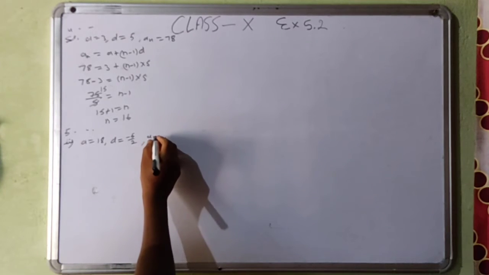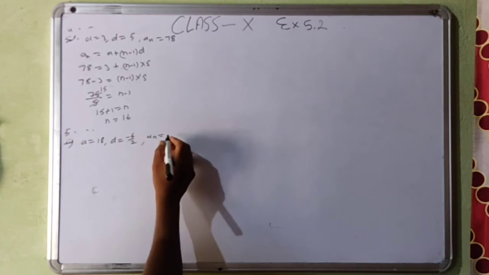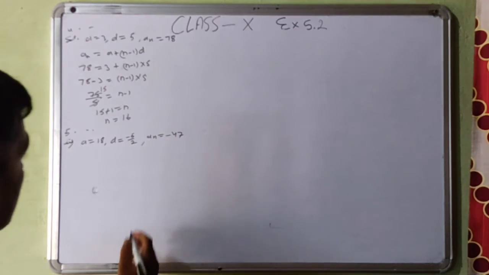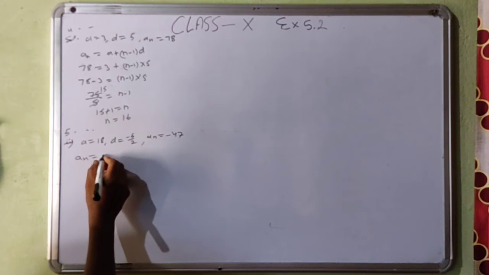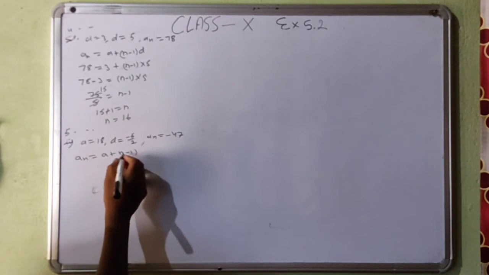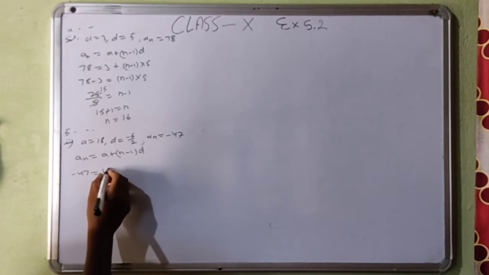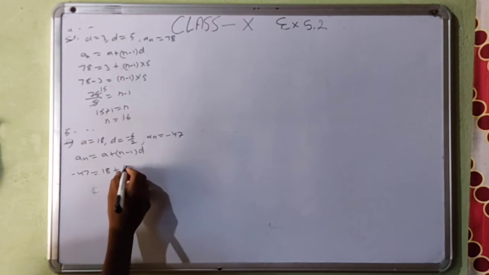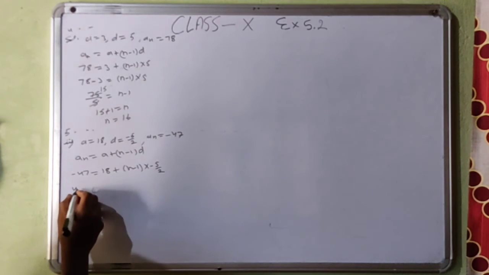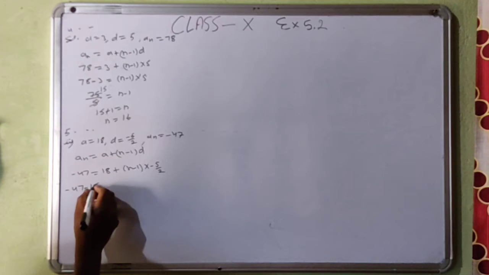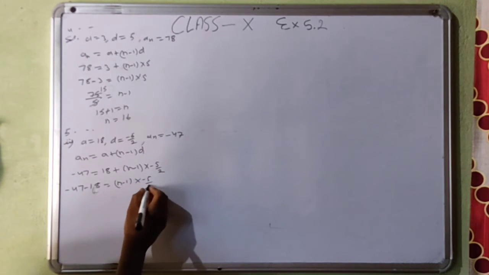And then AN is equal to minus 47. Same formula, AN is equal to A plus N minus 1 D. So AN is minus 47 is equal to 18 plus N minus 1 into minus 5 upon 2. So minus 47 minus 18 is equal to N minus 1 multiply minus 5 upon 2.